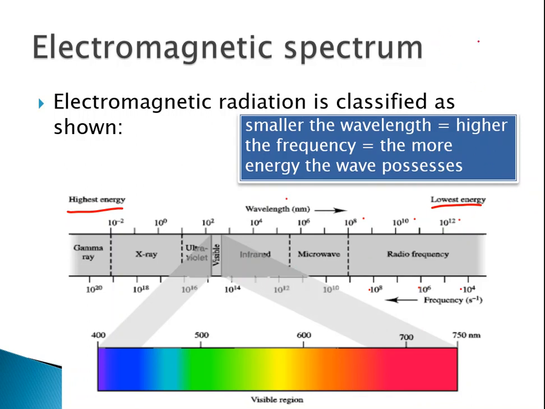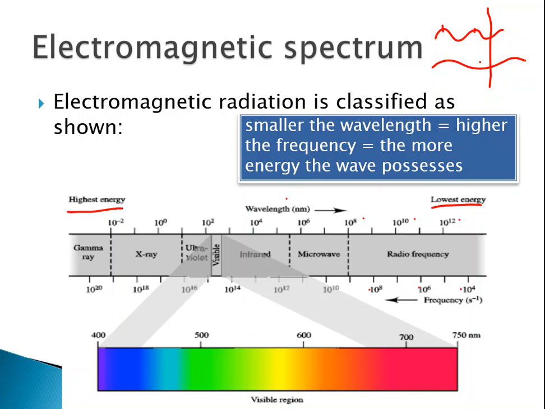So if I compared two waves, wavelength is the distance from peak to peak or trough to trough. So I would say that this wave down below has a longer wavelength. Now frequency is defined as the number of peaks that pass a predefined point in space in 1 second.